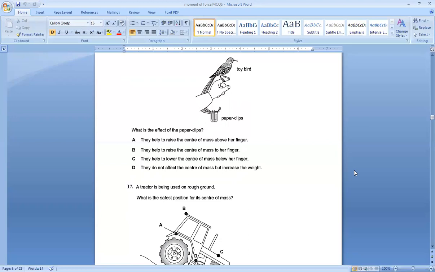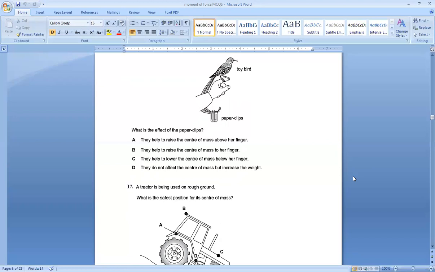Okay, so the paper clips lower the center of mass of the bird, due to which it becomes stable.